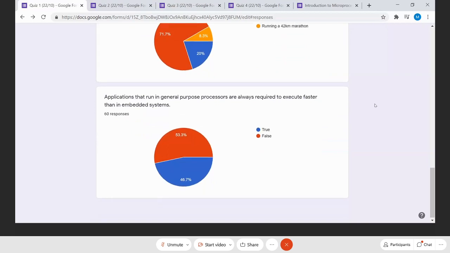Then finally, applications that run in general purpose processors are always required to execute faster than in embedded systems. Is it true or false? The answer is of course it's not. That's the reason why we introduce the embedded processor.